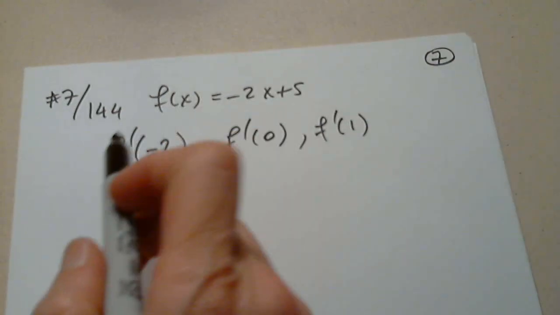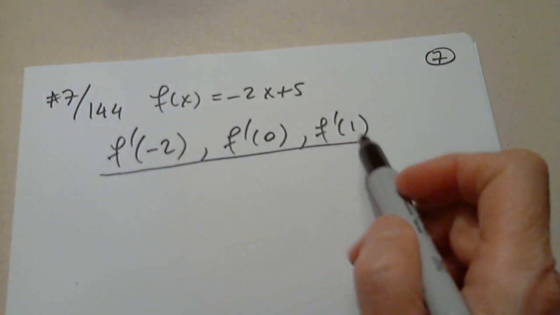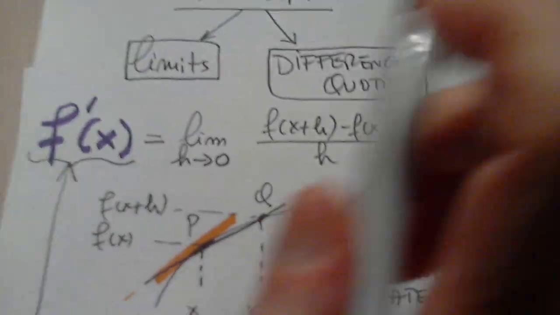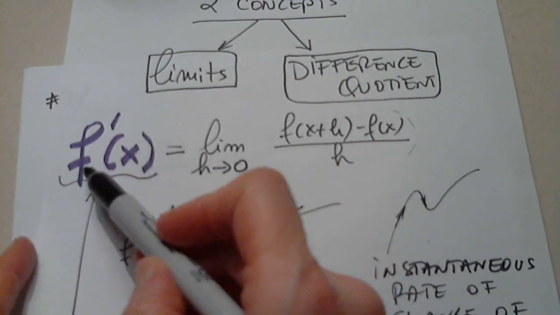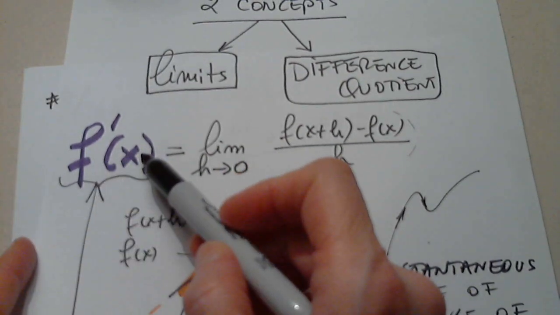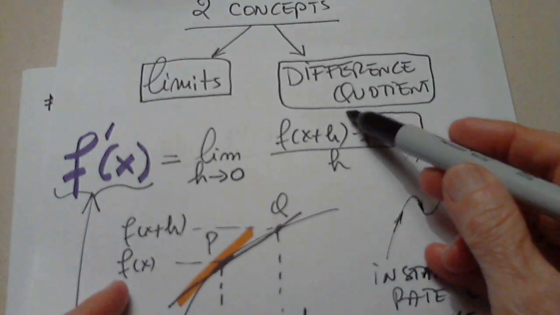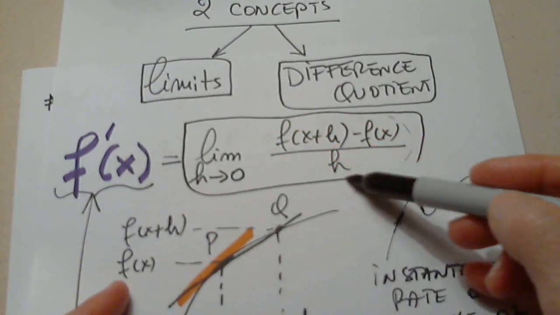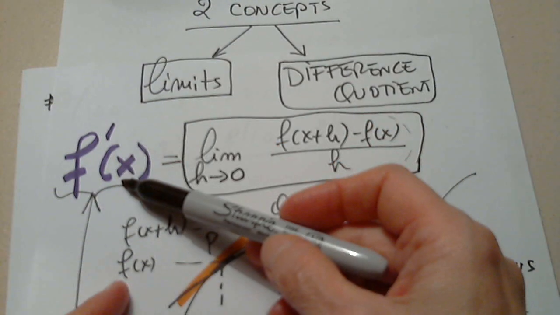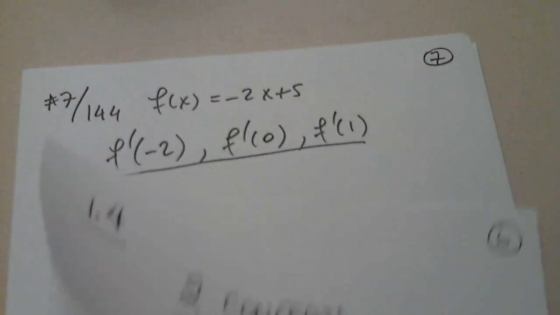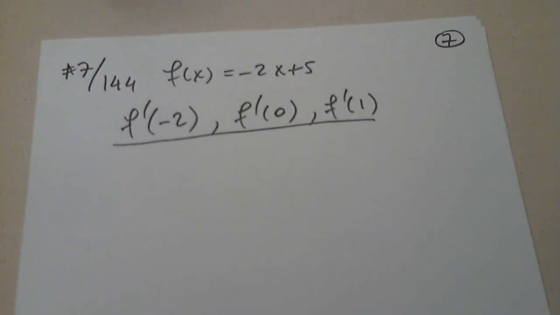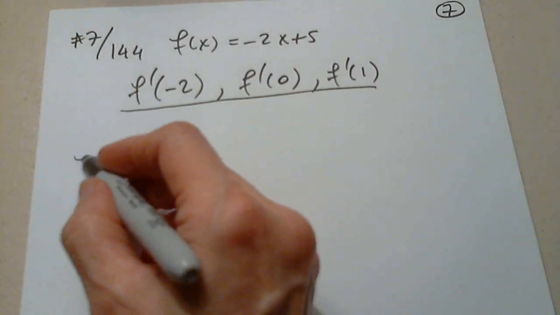In order to determine f prime of negative 2, f prime of 1, f prime of 0, f prime of whatever, I have to calculate, if you want, f prime of x. So, here's the definition of f prime of x.